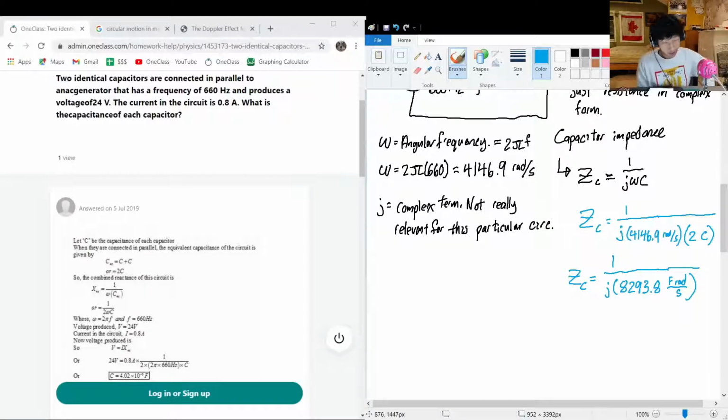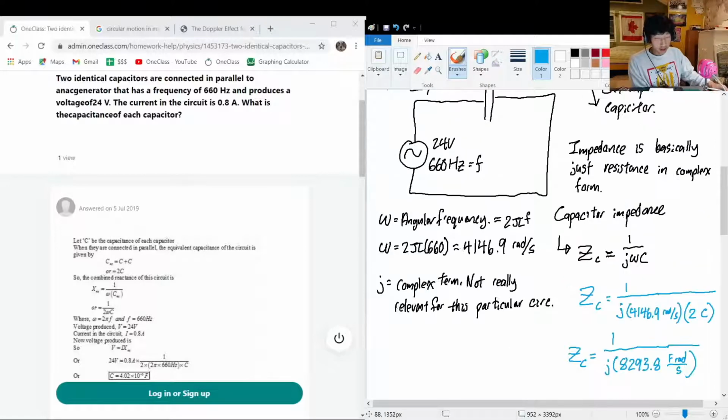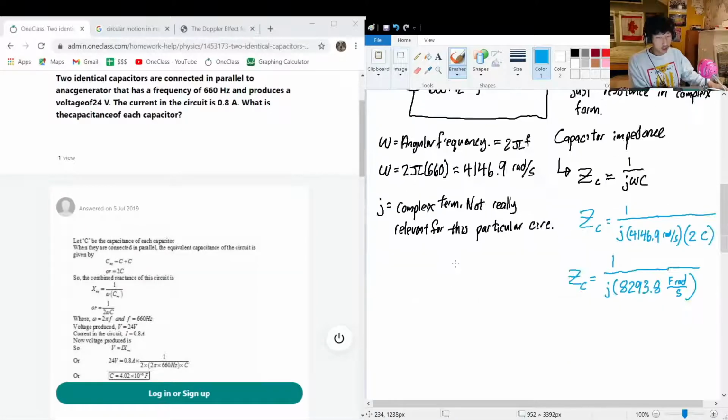I'm just writing it out to be formally proper, but if you're rushing, you don't really need to focus on that. Now this is the impedance value that we're going to use. Since impedance is basically just resistance in complex form, we know through Ohm's law... Oh wait, I've got to attach the C at the end of here, because C is the variable we're trying to solve for. This is our target variable.